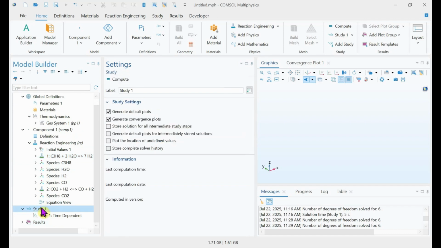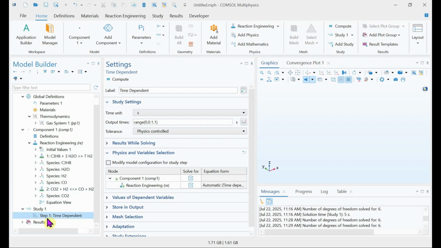Let's click on a study. On the time-dependent study, first we don't know how much time the reaction needs to be complete. Then we can put in some time, like I consider 50 seconds, after which I click on compute to see the result.